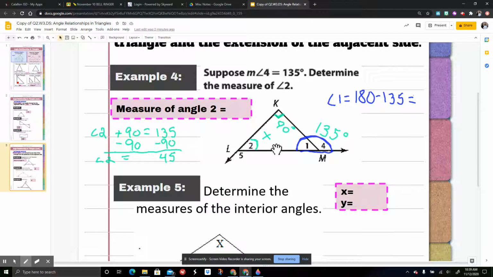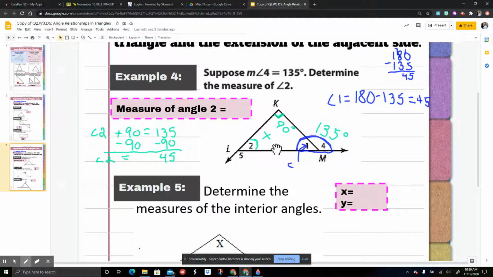And when I do 180 minus 135, I have to regroup. 10 minus 5 is 5. 7 minus 3 is 4. I get 45. That means this angle is 45. That's what I just found.